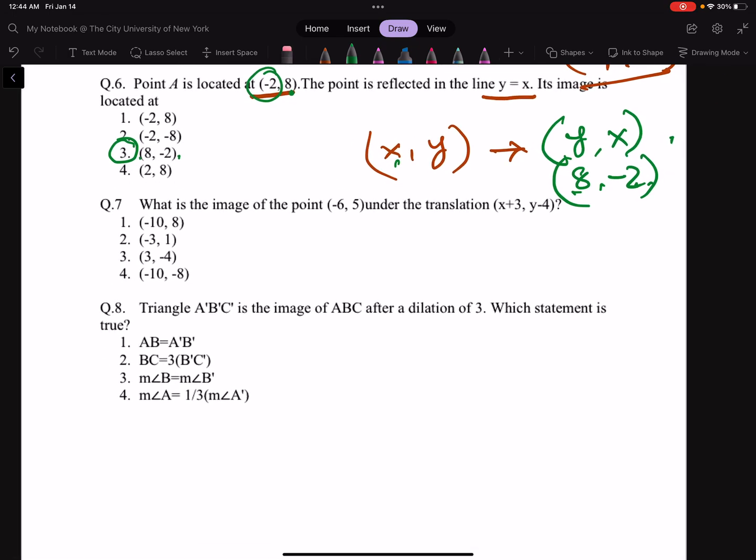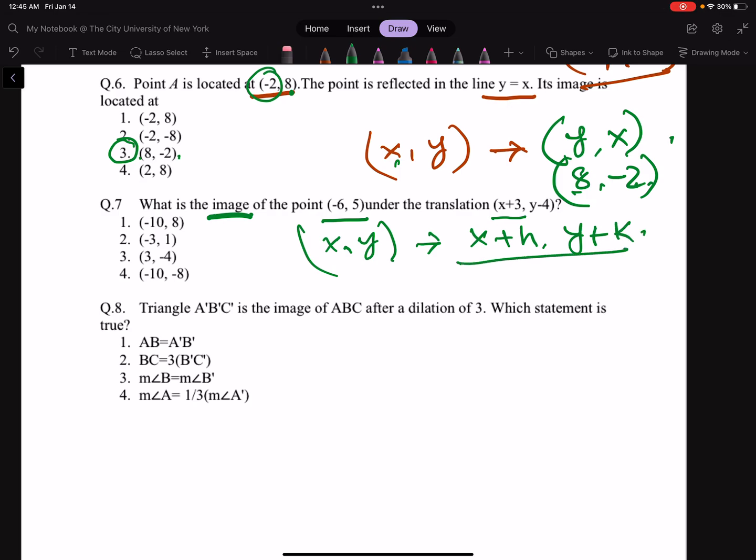Once you go to number 7, it says what is the image of the point. Again, image means after transformation. The pre-image is this one, negative 6 and 5, under the translation. In a translation, x and y are translated with x plus h and y plus k.